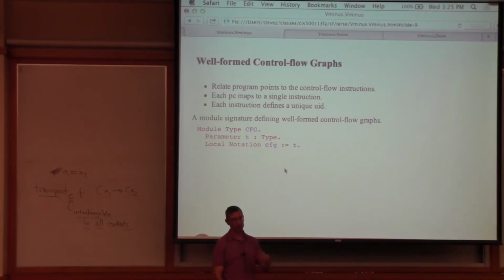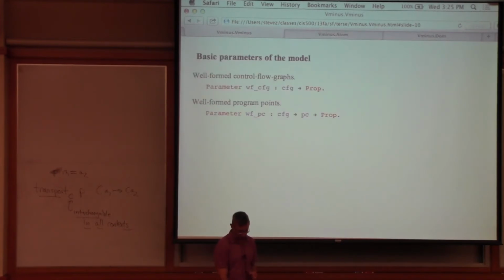In the code that I'll show you, we have a list-based implementation, but that's not really important. So we have a predicate to say when a control flow graph is well-formed, and when a program point in the control flow graph is well-formed. So these are just abstract properties that we can then axiomatize to make our proofs simpler.